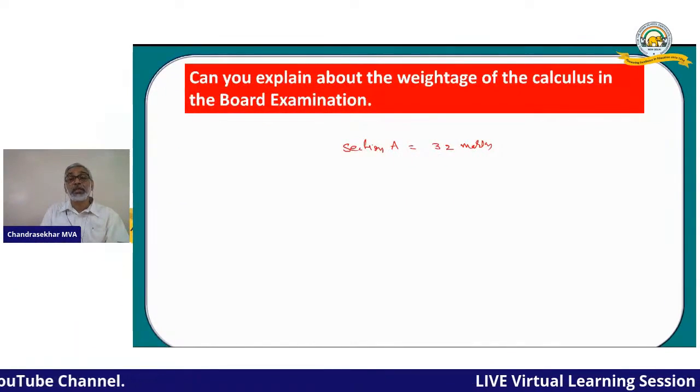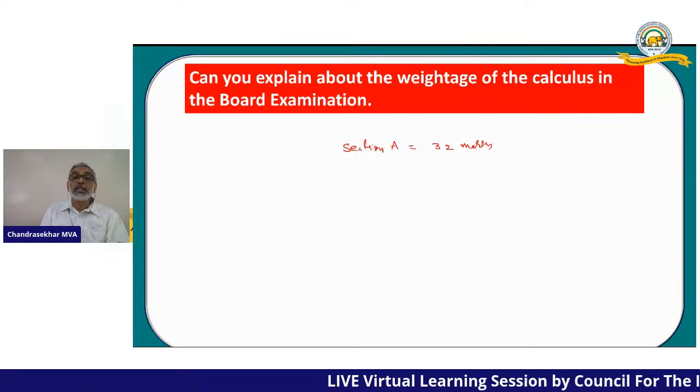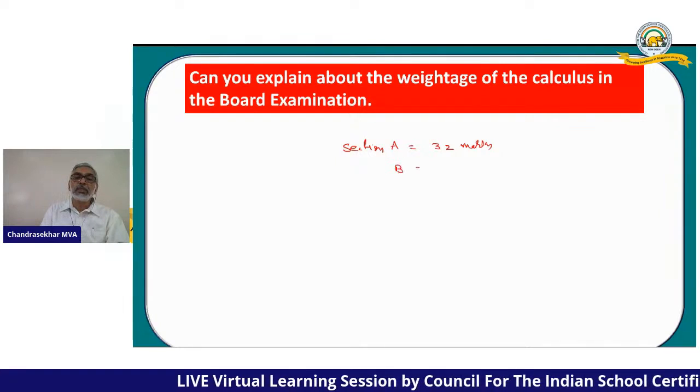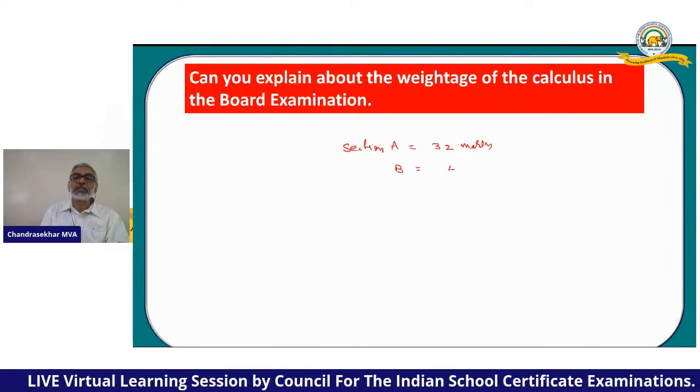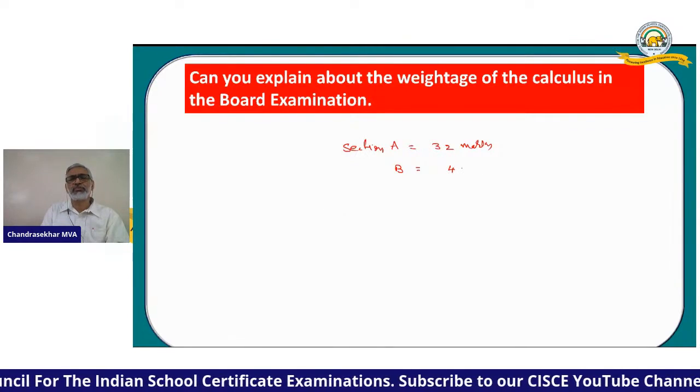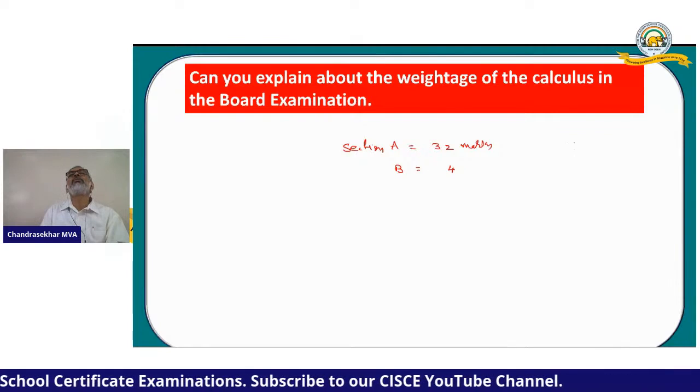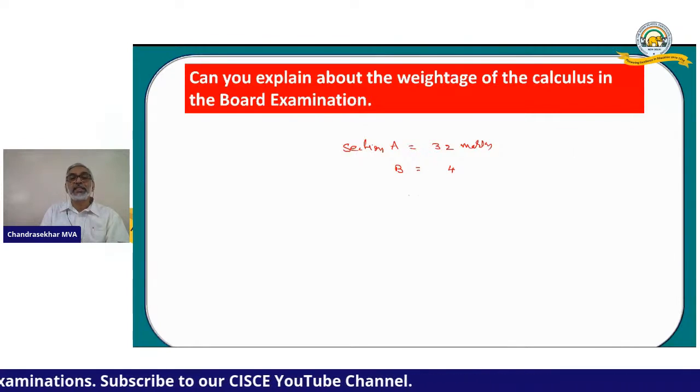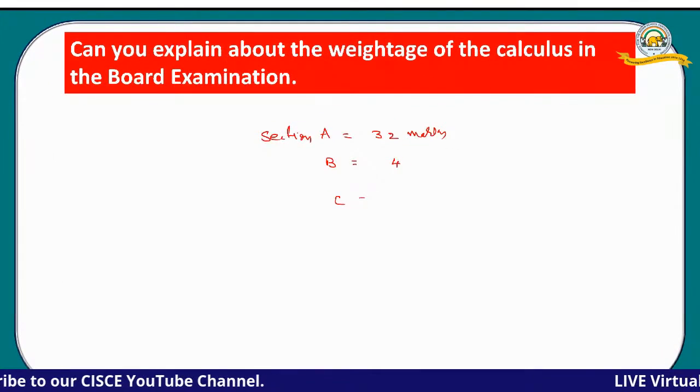In Section B, it is 4 marks, I don't remember exactly, 4 or 5. In Section C, the weightage is 5 marks.